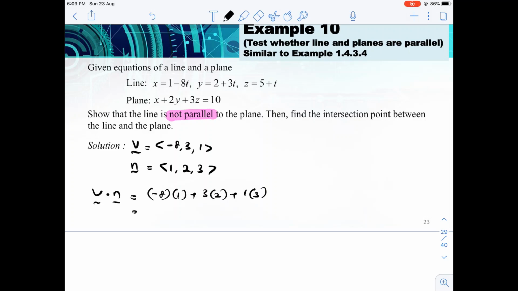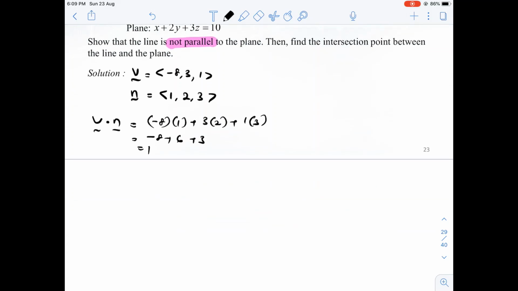So we have negative 8 plus 6 plus 3. This equals 1. Now, since v dot n is not equal to 0, the line and plane are not parallel.